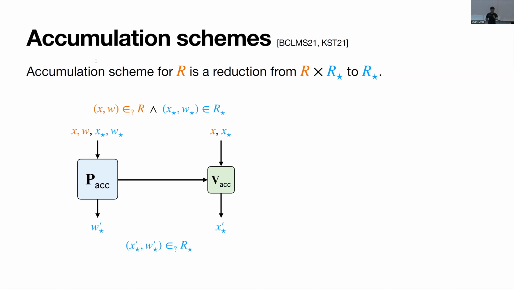Here I've just unwrapped the definition. You don't have to look too hard at it. And then here's intuitively how you might use an accumulation scheme. Basically, an accumulation scheme allows you to take multiple membership claims of R and repeatedly compress them into a single membership claim in R star by applying the accumulation scheme multiple times.